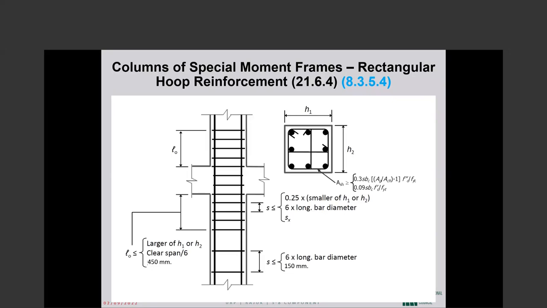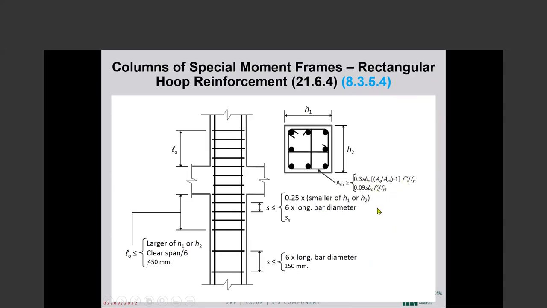Now, the thing is, this is very, very important. The cross-sectional area required by both formulas is proportional to the concrete strength, f'c.